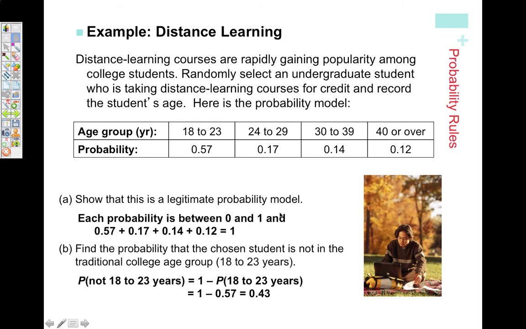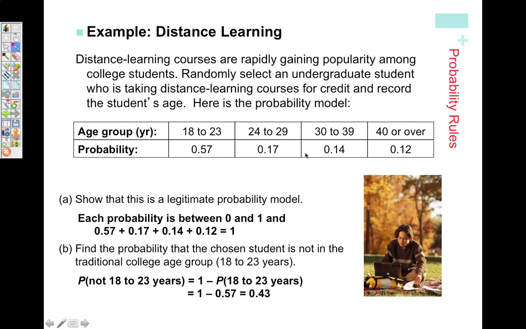So it's a legitimate probability model because each probability is between 0 and 1, and the sum of all of them, all the possible outcomes, is equal to 1. Those two things together make this a probability model. You need both of them. And the probability that a chosen student is not in the traditional age group would be 1 minus the probability that they are. So 1 minus 0.57.